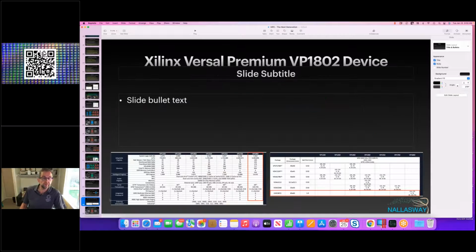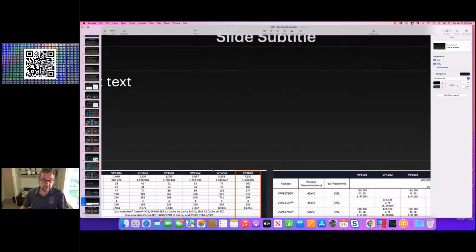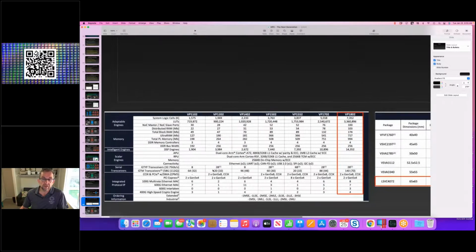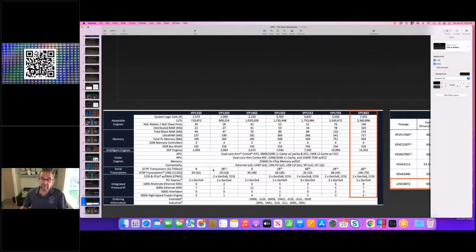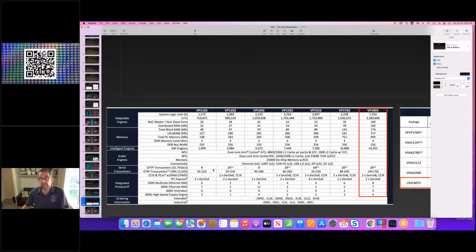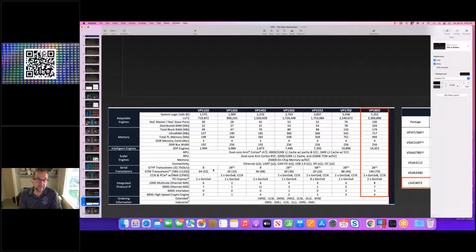So just for people, this may be a bit of an eye chart, but hang on. Just for people that are not aware of the device we've chosen, it is the Versal Premium, which is the highest end family of the Versal family from Xilinx, and we've chosen their biggest device, the VP1802. So this is a humongous device, over 3 million logic gate systems.